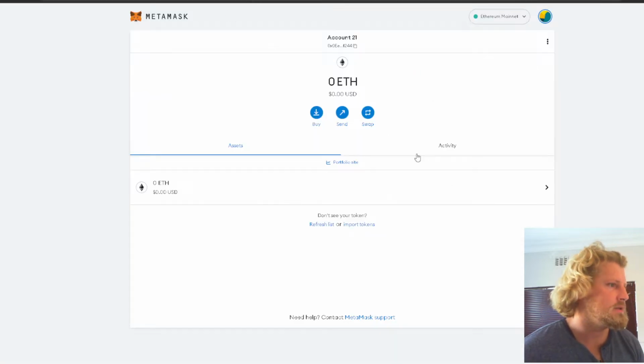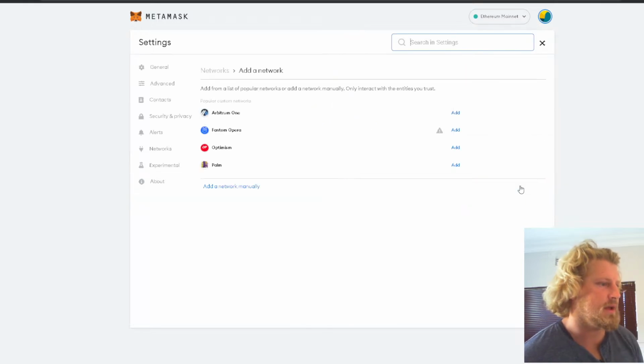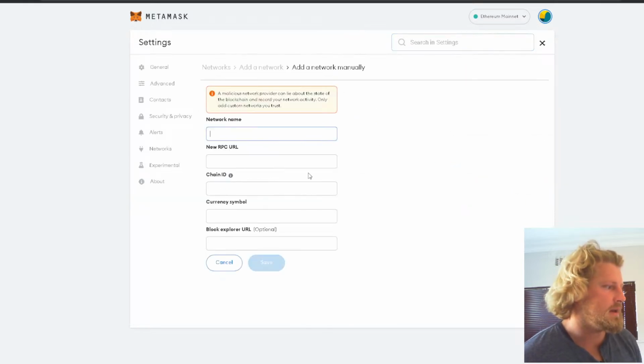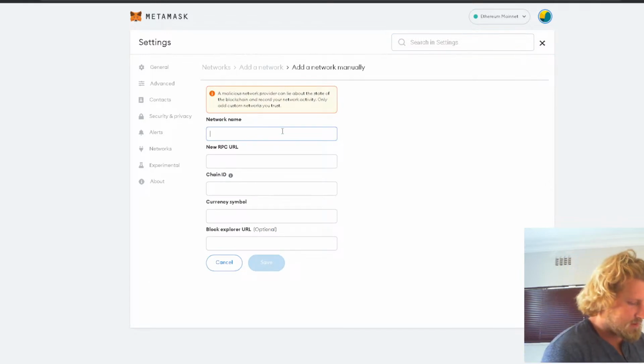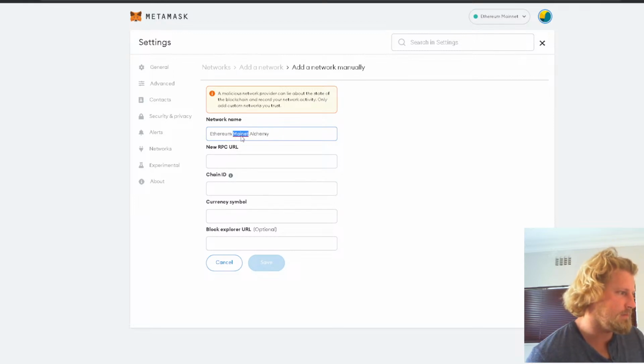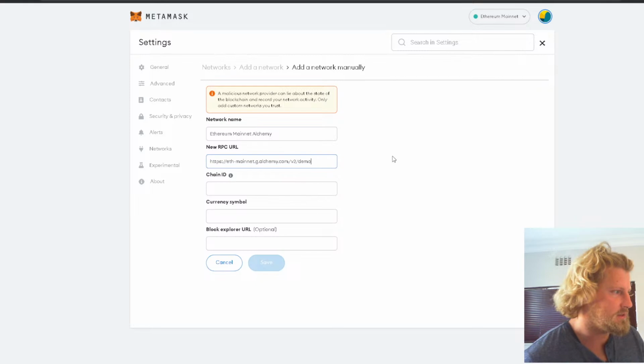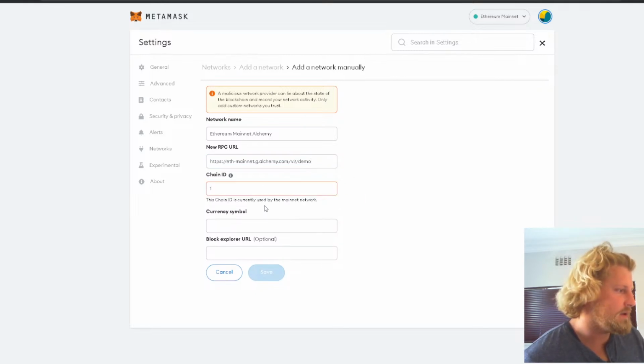Copy the URL. So you're going to go in your MetaMask, and you're going to select the networks up here. You're going to add a network, and you're going to add a network manually. So the network name is Ethereum mainnet. The top one you can call pretty much anything, right? I'll call it Alchemy. This is where you're going to paste the RPC address that you previously copied. The chain ID is 1 for Ethereum.